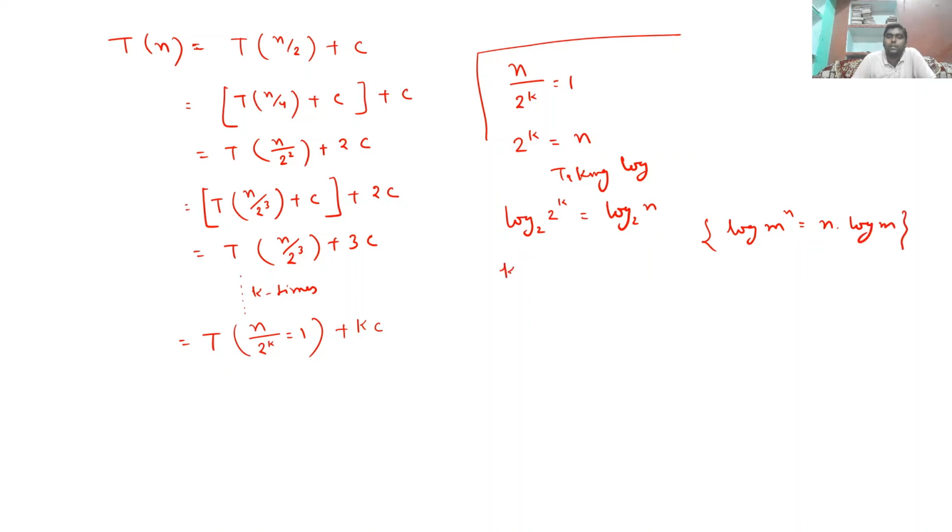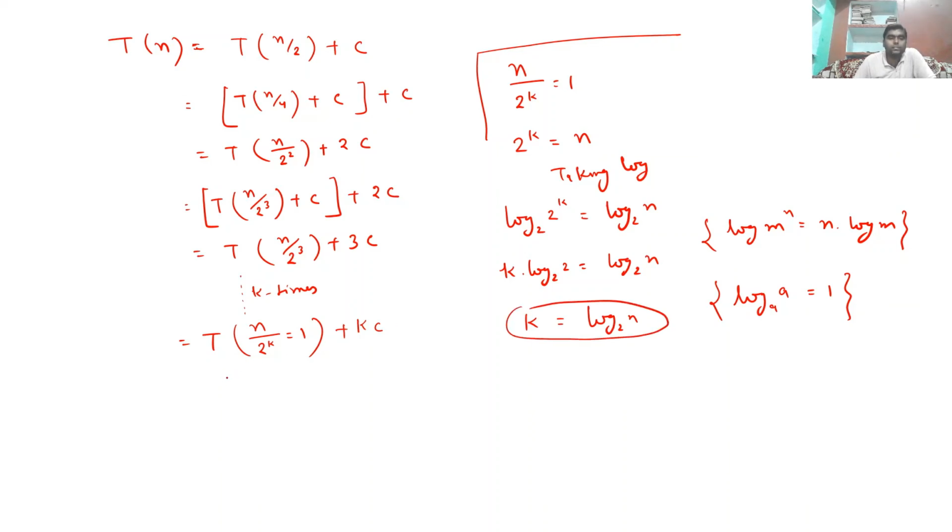So you will get k times log 2 base 2 equals log n base 2. Now finally I am applying log a base a, the value of which is 1. So this returns k into 1, so k equals log base 2 of n. So this is our required thing.